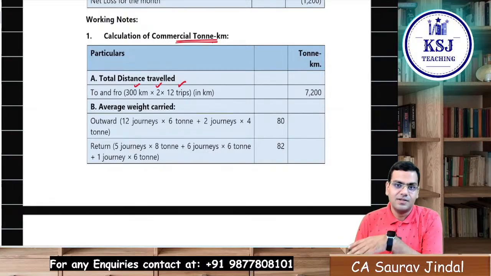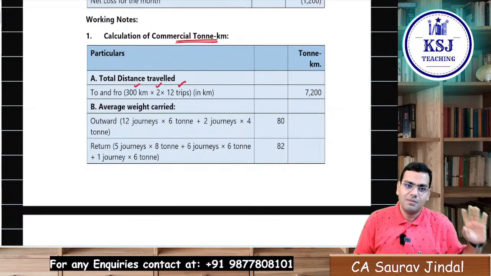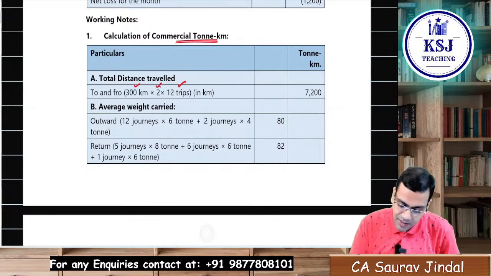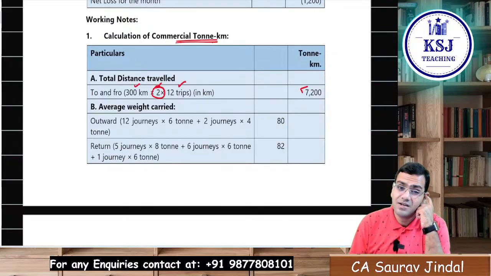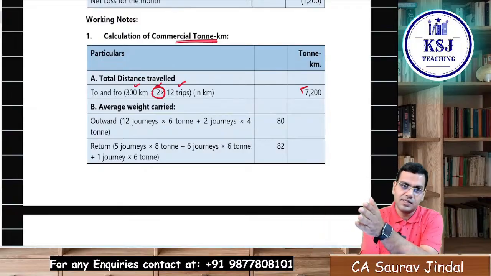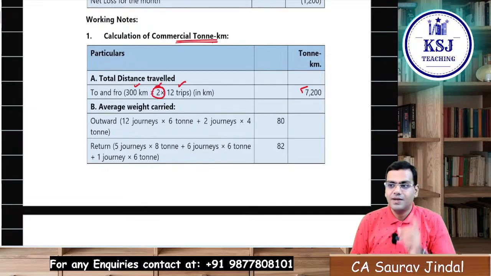The truck is coming back also in all those trips. That is why multiplied with 2. That is 7,200 kilometers. This truck is traveling, right? 12 times it is going in the outward journey and 12 times it is coming in the inward journey. Clear? We need the total distance.